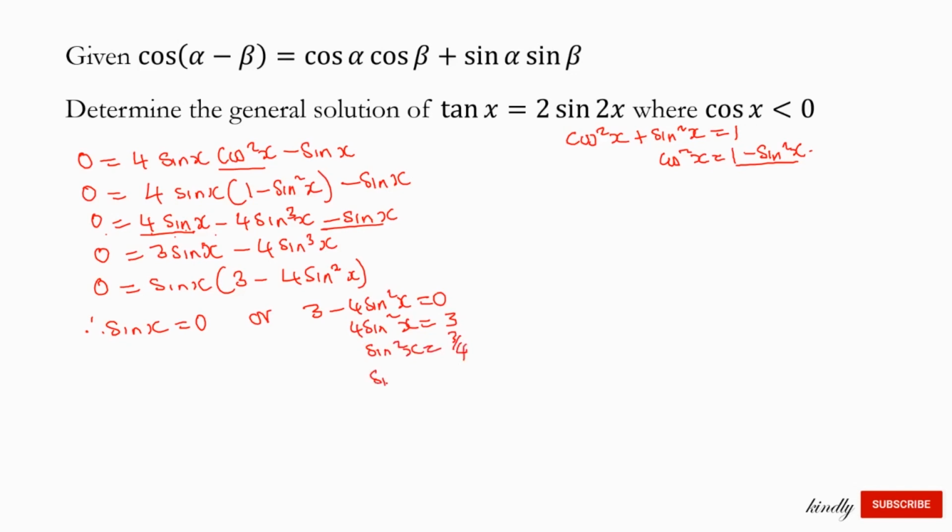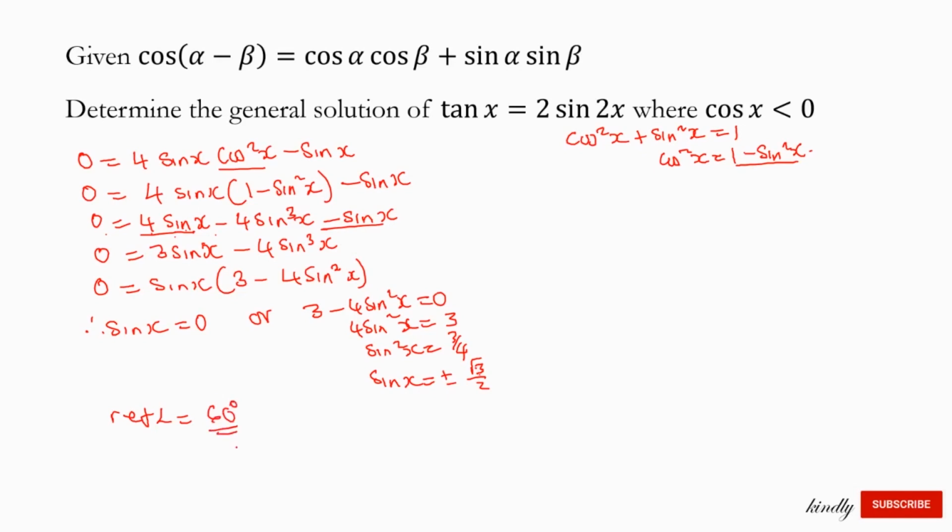And then sine x is equal to positive or negative root 3 over 2. See that? Remember, when you're getting our reference angle, we ignore the negative part. Let's get our reference angle. So our reference angle is equal to arc sine of root 3 over 2, which is just 60 degrees, like the one we got.